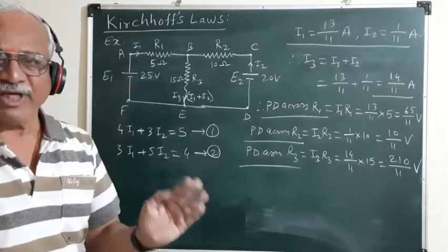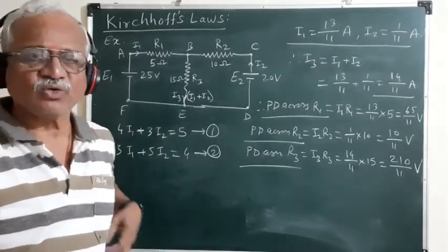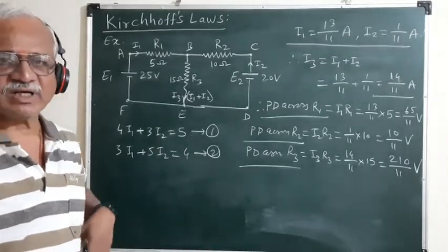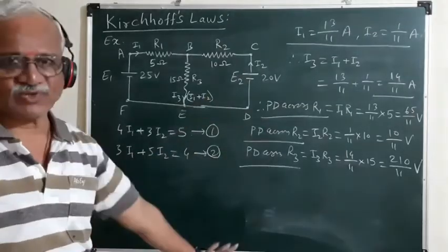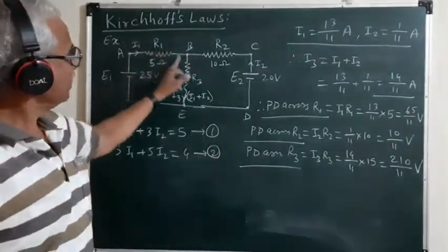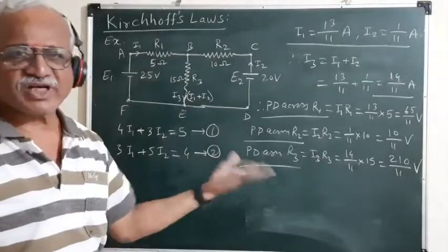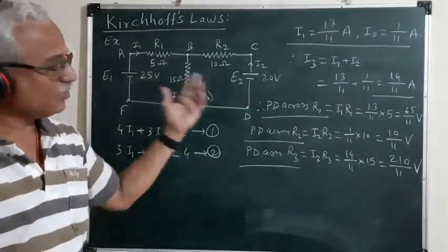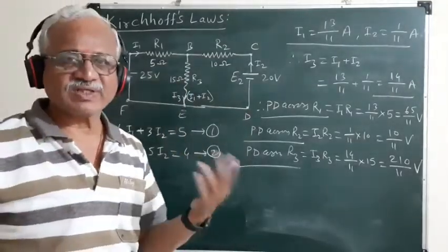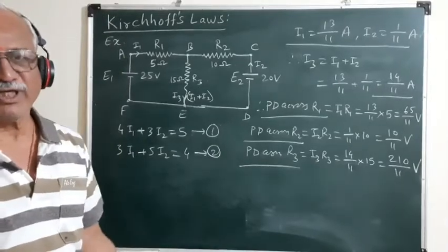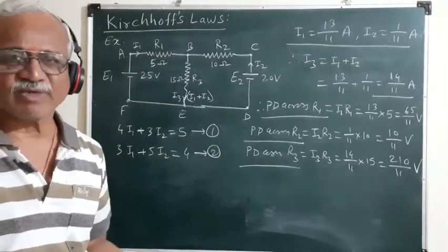But application of these Kirchhoff's laws to analyze a complicated network is a tedious process. We have to write down the voltage equations for each and every closed loop and solve these voltage equations simultaneously to obtain the currents through the different branches.